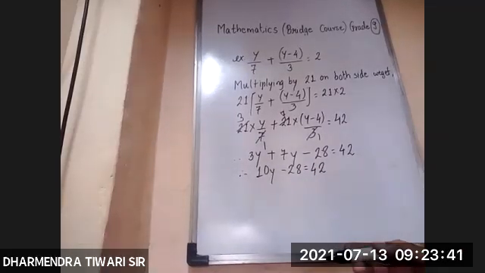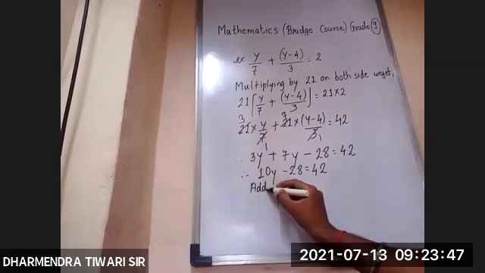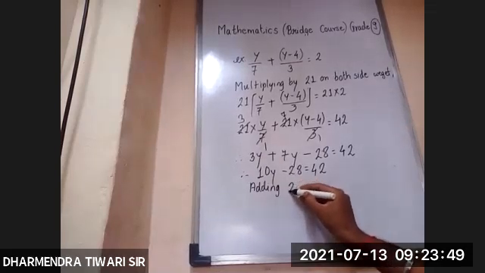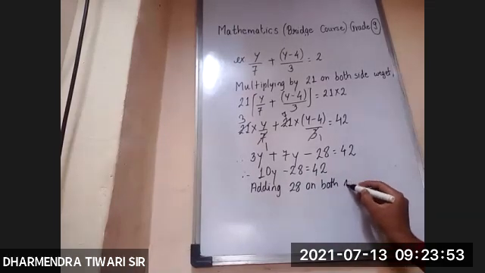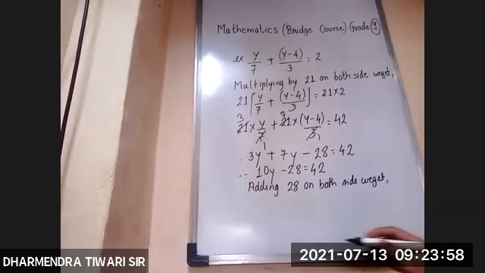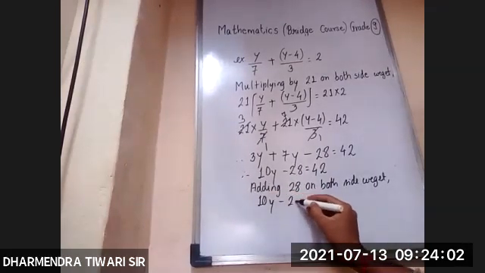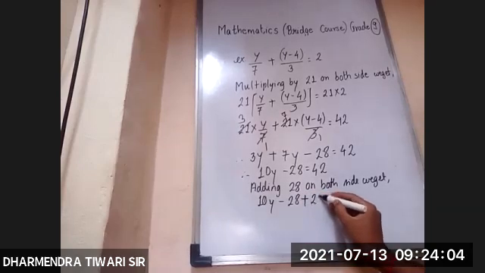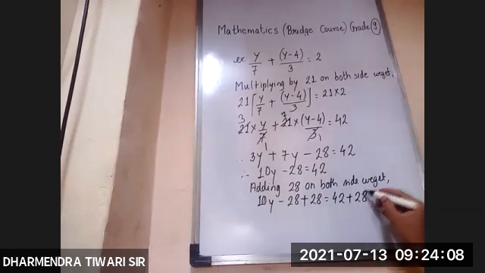We can take this 28 to right hand side. How? Adding 28 on both sides. We get 10y minus 28 plus 28 is equal to 42 plus 28.